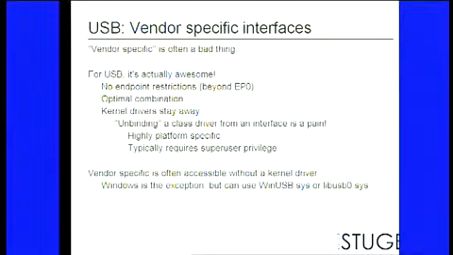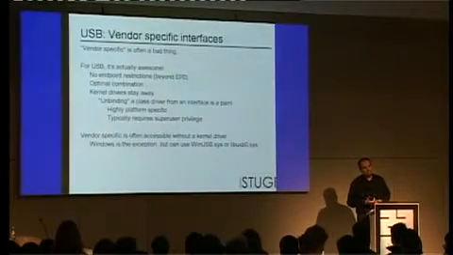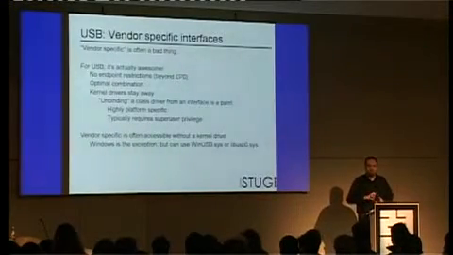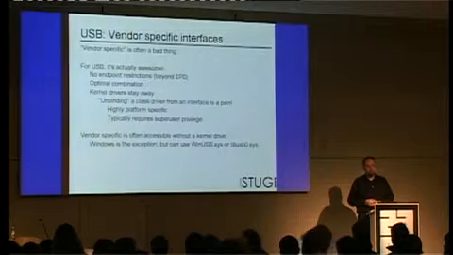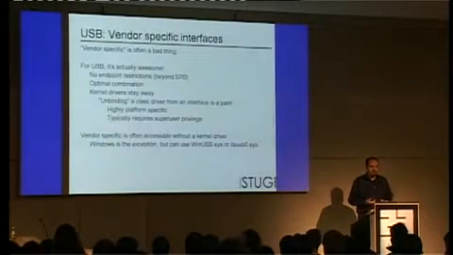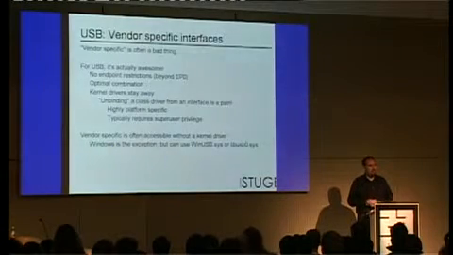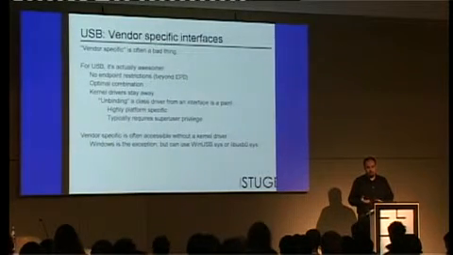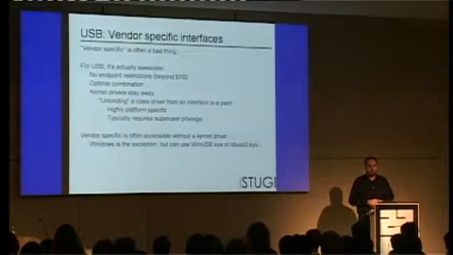This is important because unbinding a kernel driver from a device once it's sort of lodged on can be really, really painful. It depends a lot on the operating system. In Linux, it's fairly easy. You just have to have the right permissions, and then the driver is removed from this interface.